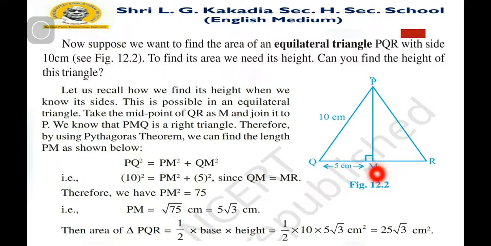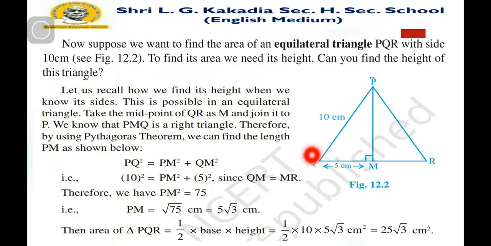So if you want to find the area of equilateral triangle PQR, we have the base 10 centimeter, but we don't know the value of its height. So first we find the height of this triangle by the Pythagoras theorem.